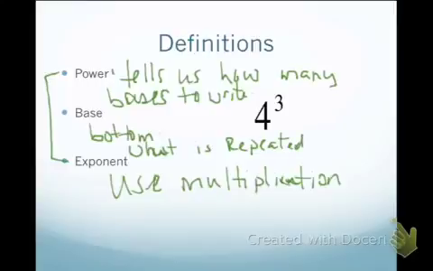So if you look at 4 to the third, and we were to put it instead of exponential form, which is what you're seeing now, into what's known as factored form, stretched out form, you would say 4 is the base, so that's what I'm going to repeat. The power or exponent says I'm going to see three 4s, and I'm going to use multiplication in between.